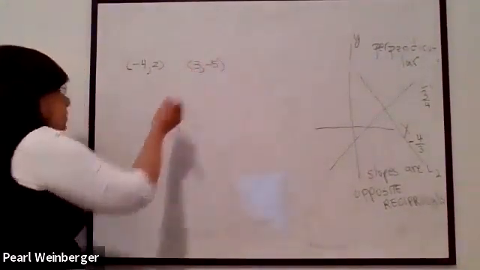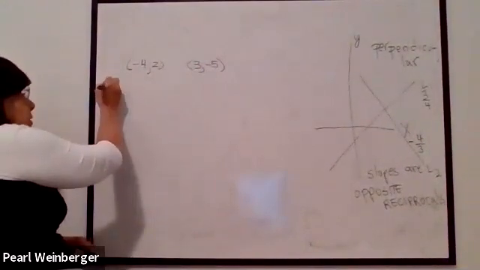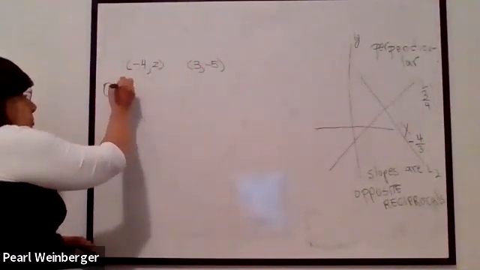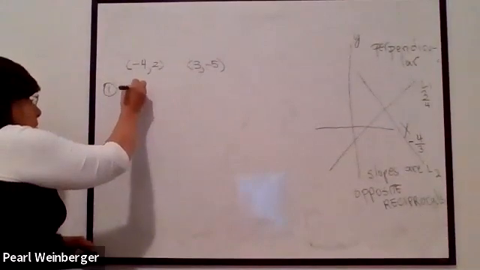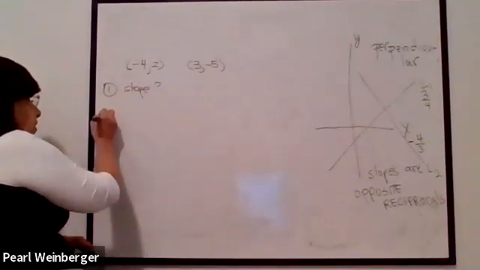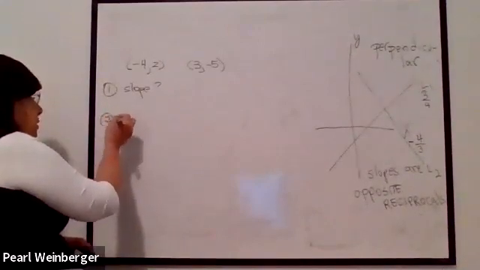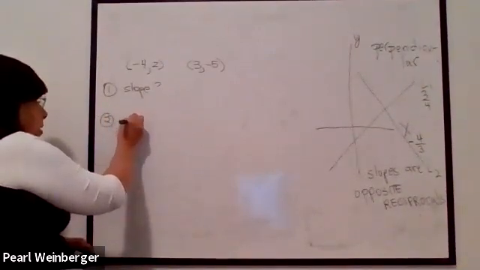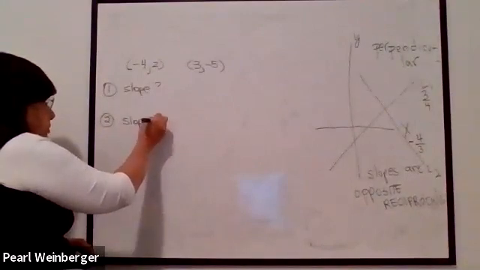And I'm going to give you time to do 3 things. The first thing I want you to do is to find the slope. The second thing I want you to do is find the slope of a line that's parallel to this line.